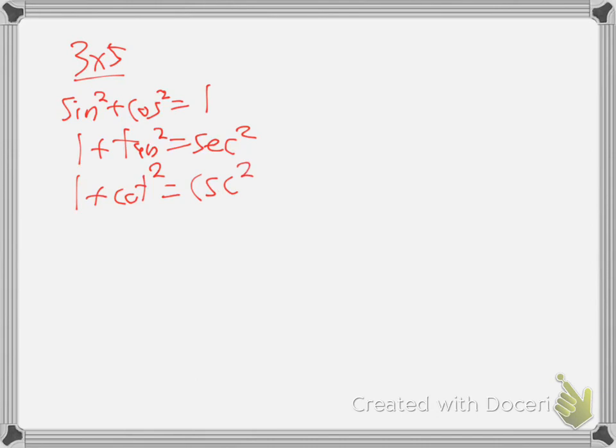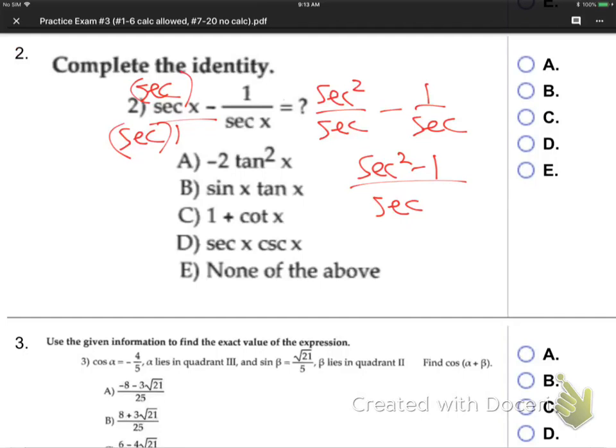Remember those? There were a few others too, but those are really three super important ones. And so as soon as you see secant squared, you want to think, oh, 1 plus tangent squared. So you go back here and you go, okay, this secant squared is 1 plus tangent squared. I'll replace it.